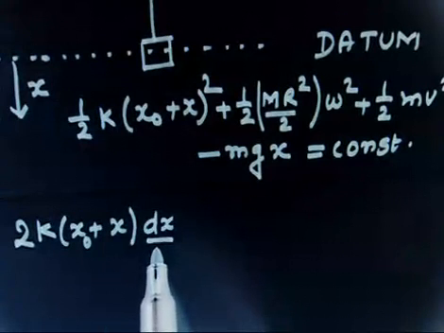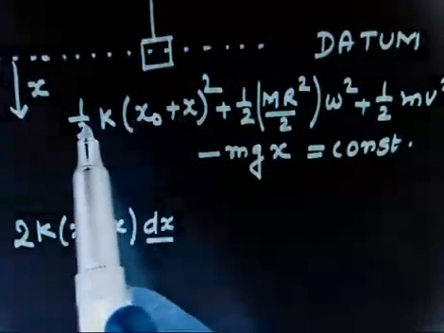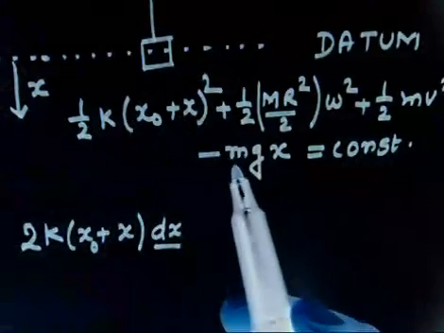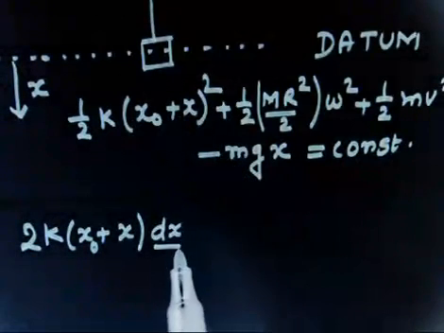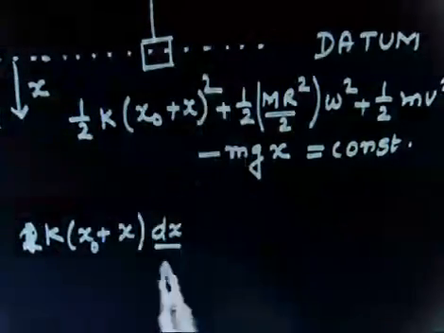Are you getting or not? I am differentiating this term, so the 2 goes out throughout, and I can cancel the 2 here itself. So let us cancel 2 and keep dx by dt.